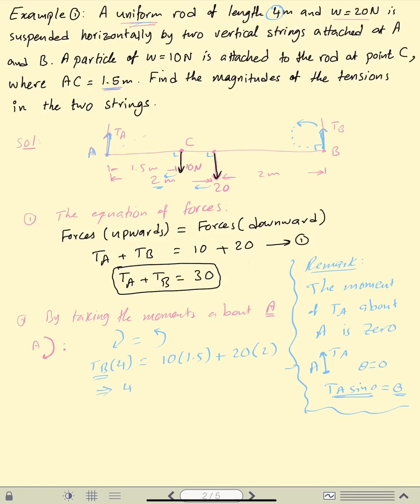So 4 TB is equal to 15 plus 40, which is 55. This will give the tension in the string at B, the first magnitude. It's 55 divided by 4, which is 13 and 3/4, 13.75 newtons.